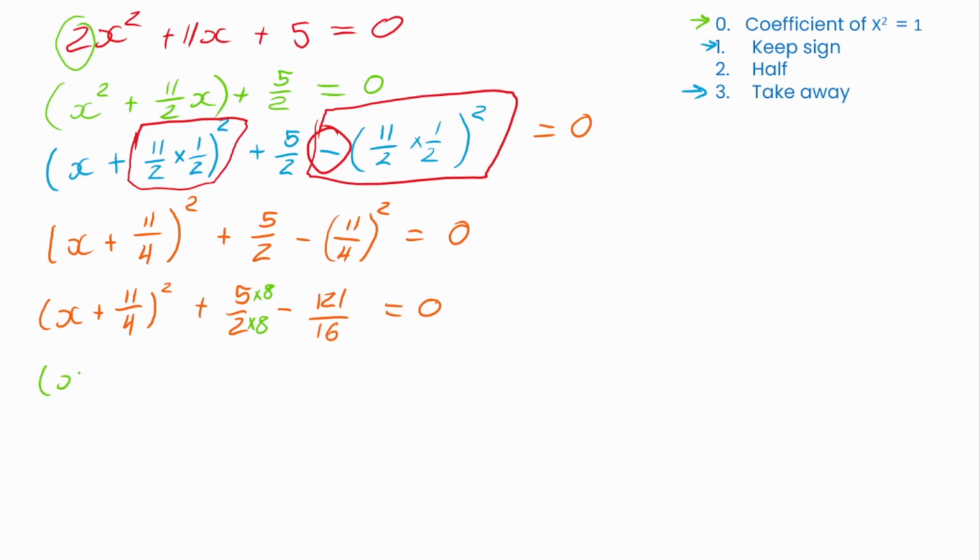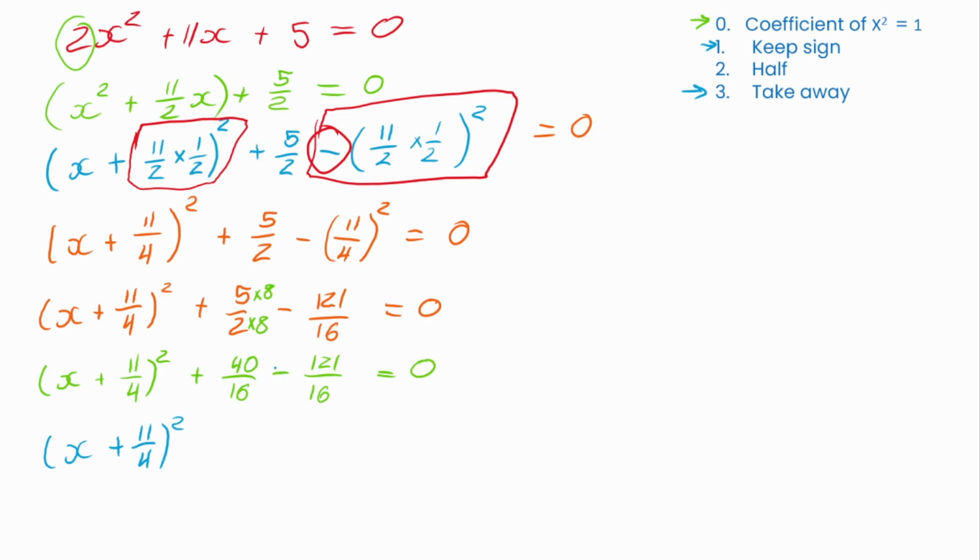If I keep going with this, the bracket doesn't change at all. So that stays exactly the same. But now this is 40 over 16 minus 121 over 16 is equal to 0. I didn't forget the equals to 0 this time. And now what we get is x plus 11 over 4 squared.